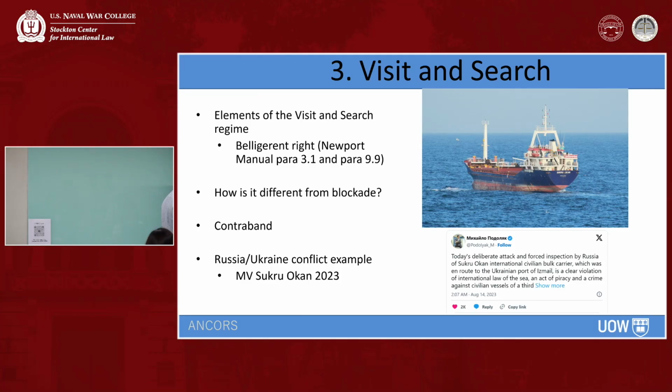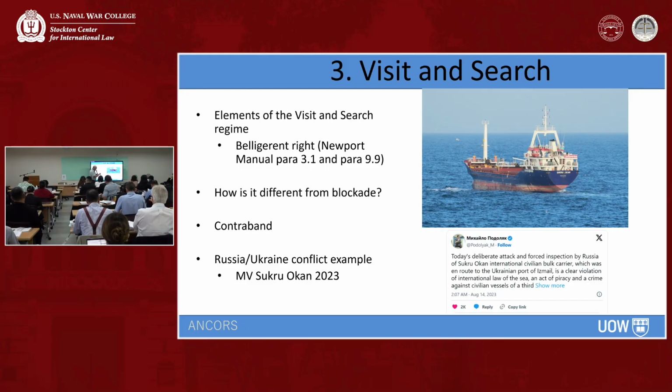But this quote that comes from a Ukrainian official on one of these social platforms talks about a deliberate attack and forced inspection by Russia of the vessel Sukru Okan, international civilian bulk carrier, which was en route to the Ukrainian port of Izmail, is a clear violation of international law of the sea, an act of piracy, and a crime against civilian vessels of a third state.